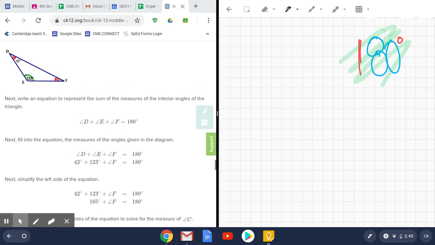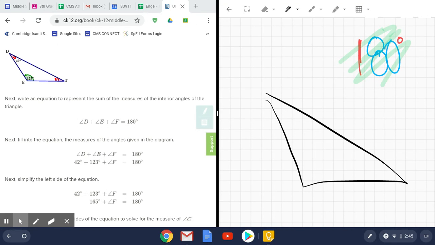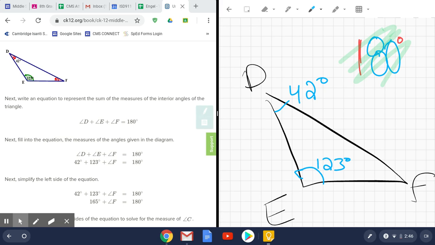All right, so we have triangle DEF. Angle D is 42 degrees. Angle E is 123 degrees.